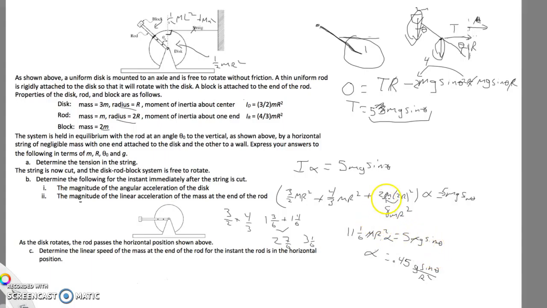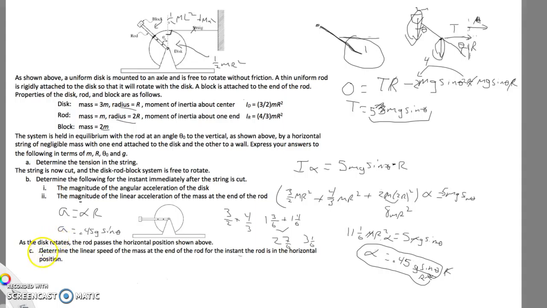The problem I made was that this is equal to T, not equal to the torque. So this would be times that radius r, because we divide the radius r out, which means that we have an r right here. So one of those r's will cancel. So 0.45 g sine theta over r is what alpha should be equal to. And then from here to find linear acceleration, we say that a equals alpha times r, and so we multiply that by r and get a equals 0.45 g sine theta.